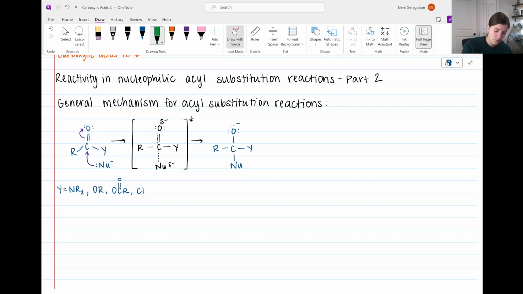So this first transition state that we drew in brackets, this is the transition state for the addition step. And then the structure that we drew, that's not the transition state, so this third structure is our tetrahedral intermediate.